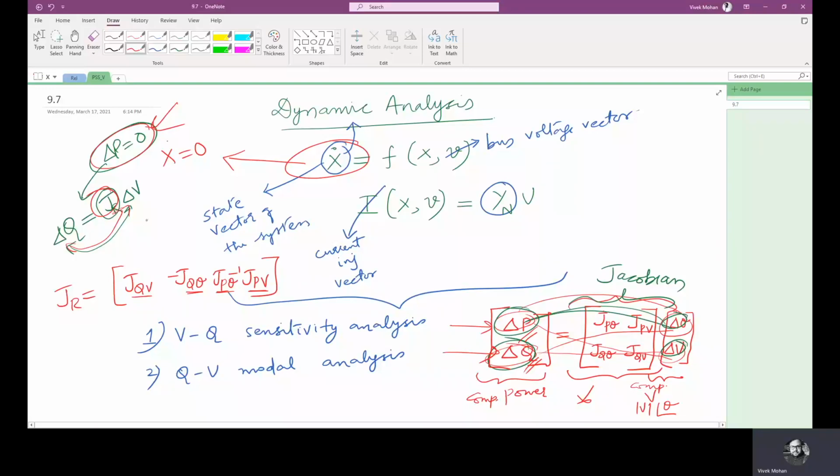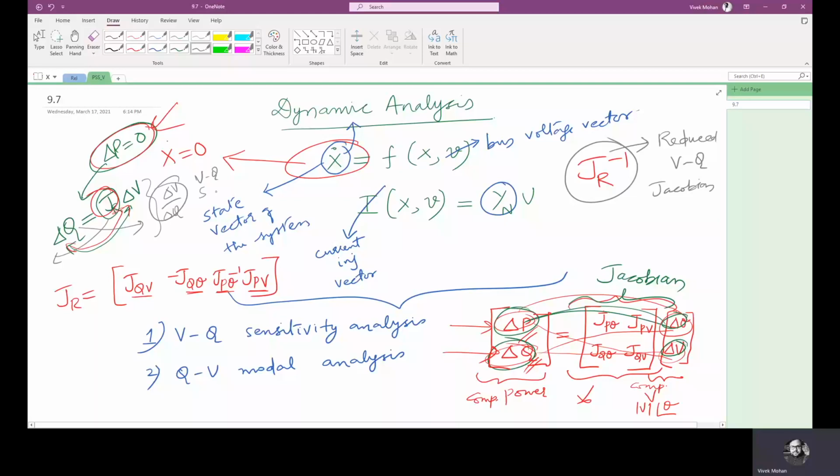The matrix JR inverse is the reduced VQ Jacobian. Or if we take JR inverse, Q will go to this side and JR inverse will come to this side. So this will give you delta V by delta Q, which is the VQ sensitivity.